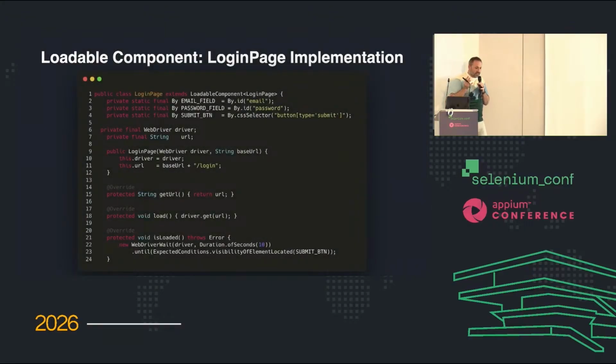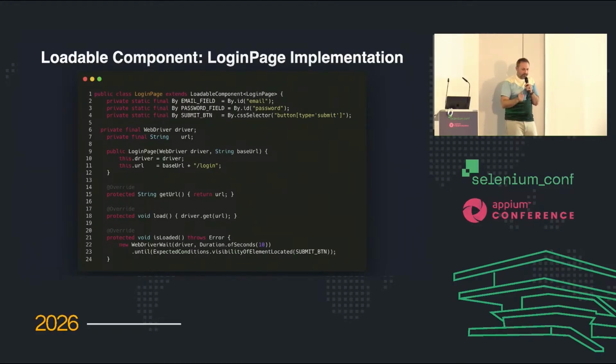So this is the example of the random login page with a loadable component. So we have email, password, and the button selectors. And we have a get URL, which is returning our URL, which is the base URL plus /login.